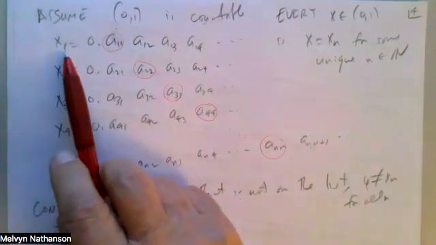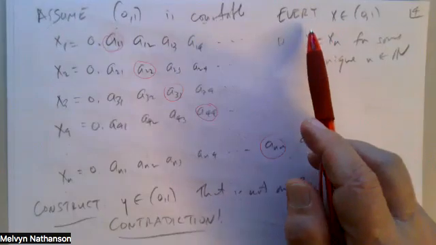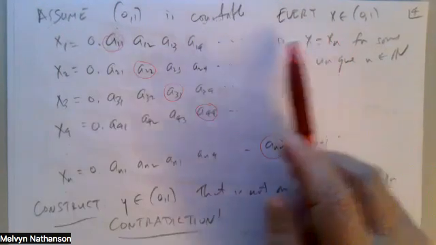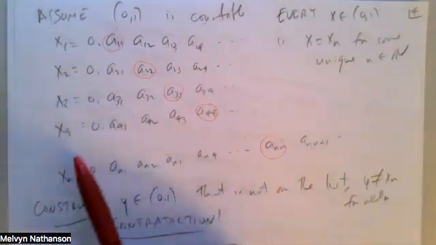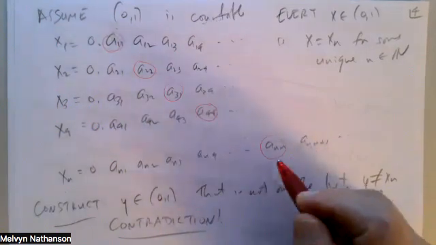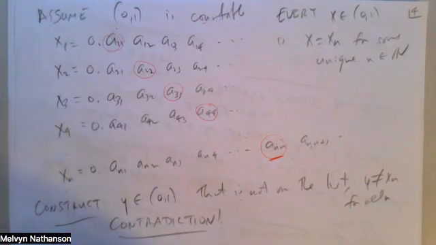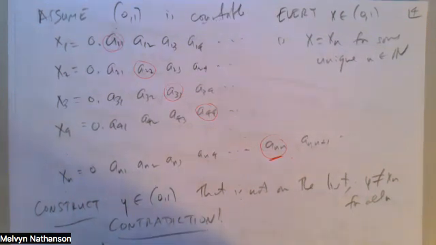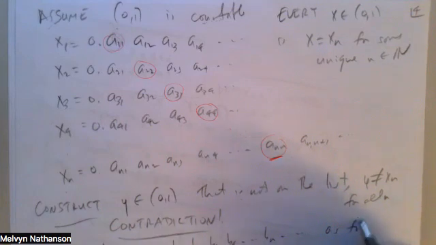So every one of these decimals is an infinite decimal. It could be zeros or nines. Well, it could be zeros from some point on, but it's still infinite. And for the nth number in this list, we look at the nth digit. And we construct a number y, which will have digits b1, b2, b3, b4, bn, and so forth as follows.